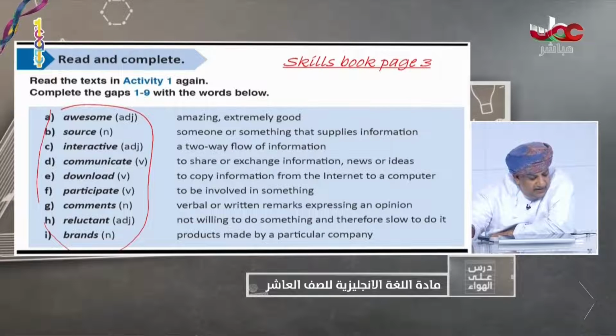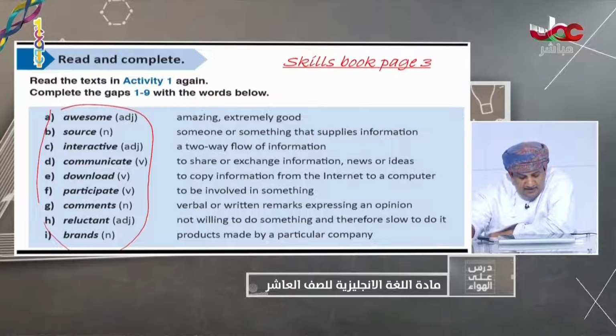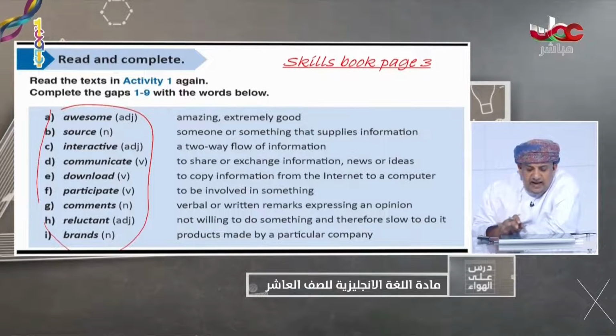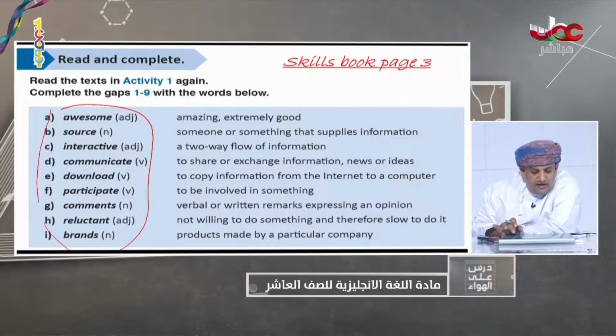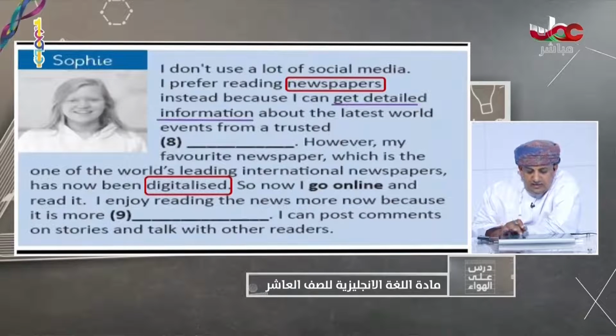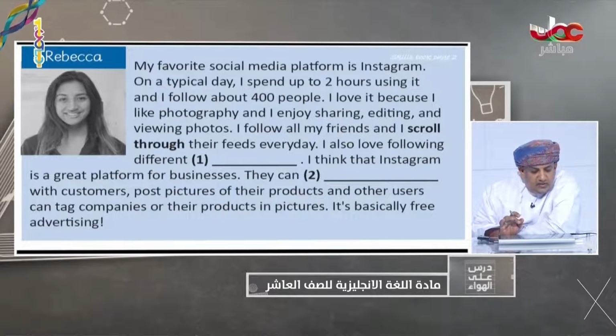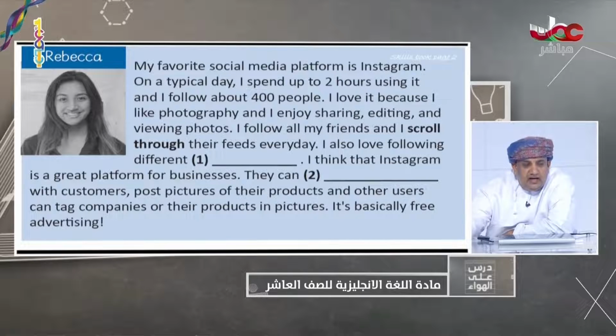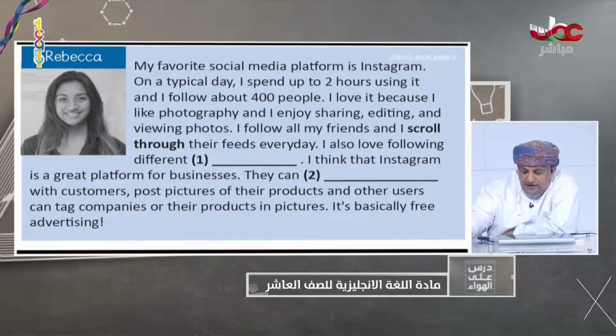Letter I, brands, products made by a particular company. So now let's read it and try to complete the missing words. Okay, now let's start with Rabika. Now I want you to read it and tell me what the missing word is after different. I also love following different.